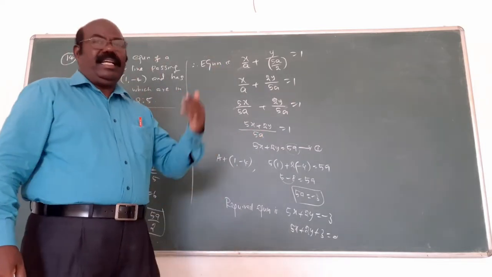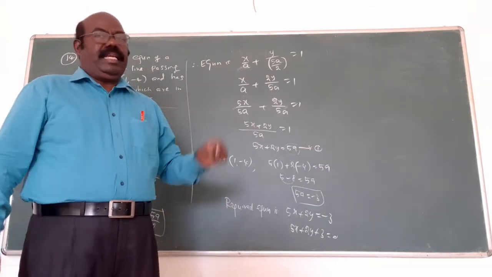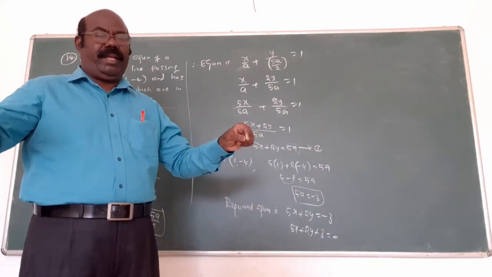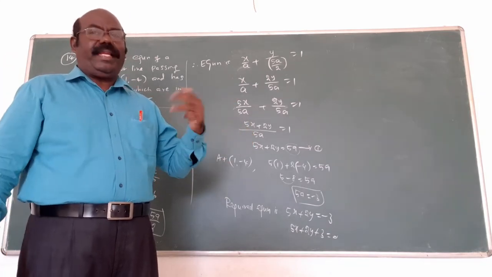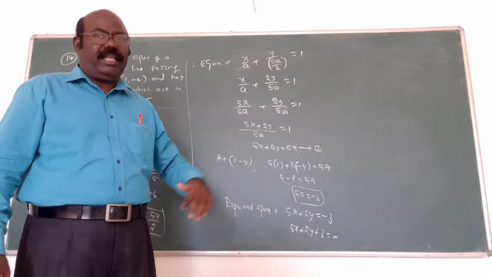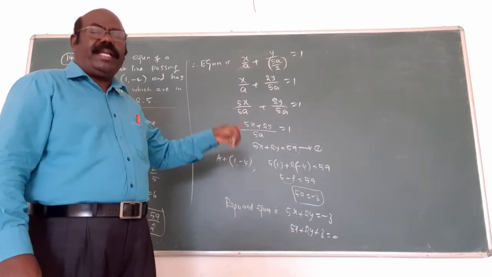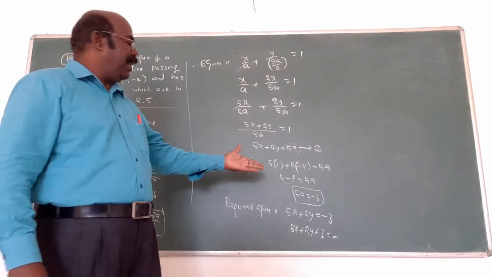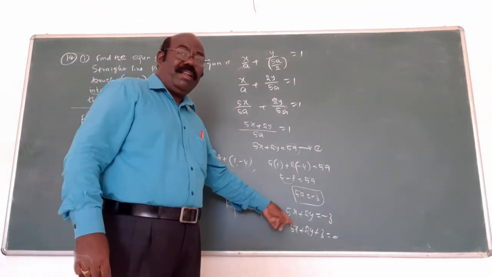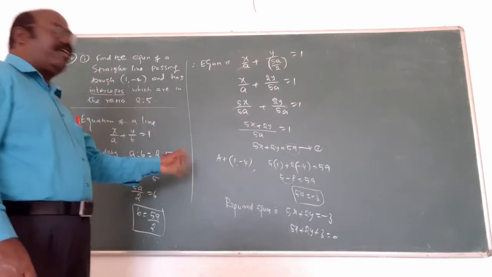What is the reason? x by a plus y by b equal to 1 is the intercept equation, with a and b involved. Two unknowns are involved. To find a and b by using the intercept ratio, pass through the point, and we automatically eliminate a and b. We get the equation without a and b. That is called the intercept equation.